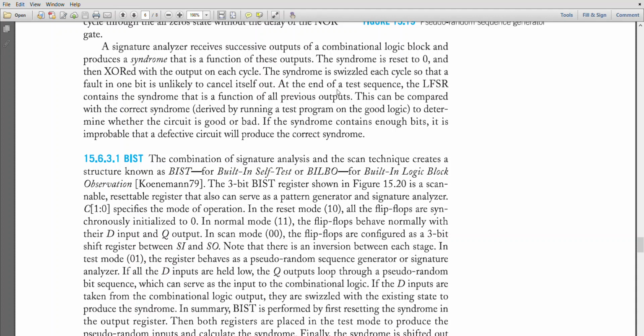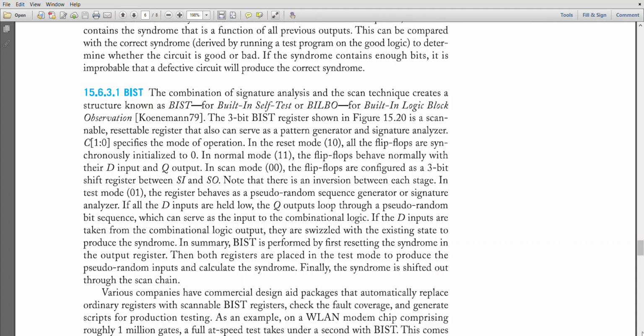At the end of a test sequence, the LFSR contains the syndrome that is a function of all previous outputs. This can be compared with the correct syndrome to determine whether the combinational logic is good or bad. If the syndrome contains enough bits, it is improbable that a defective circuit will produce the correct syndrome.